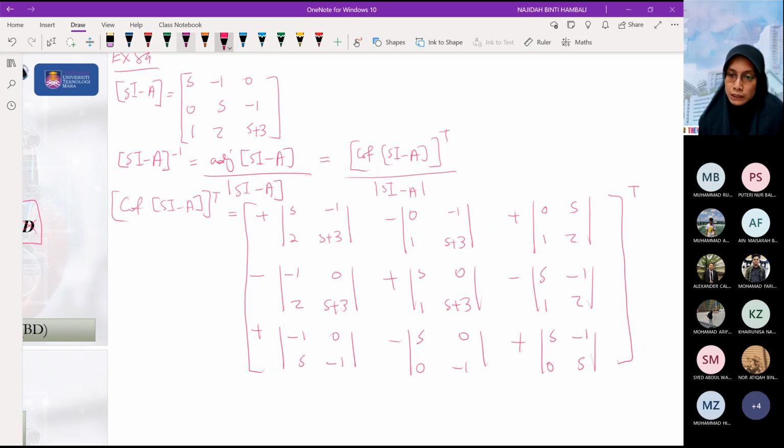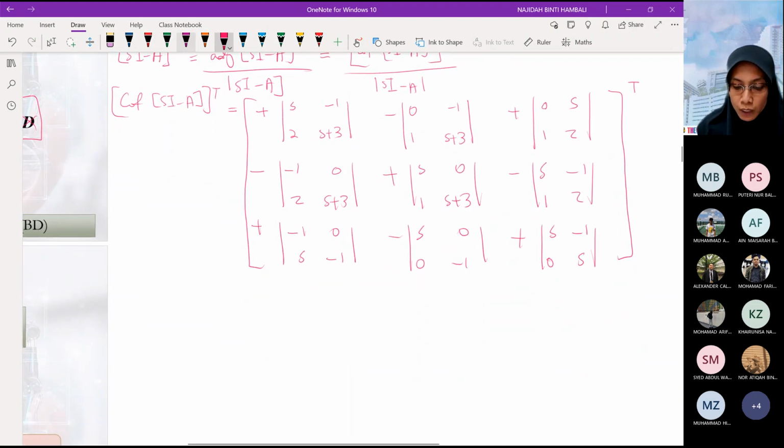Is my cofactor structure correct? Is it correct, Ada Miran? Did I make a mistake anywhere? No. Okay. So you have to practice doing it quickly. And the next one you calculate the determinant for this one, then you transpose.